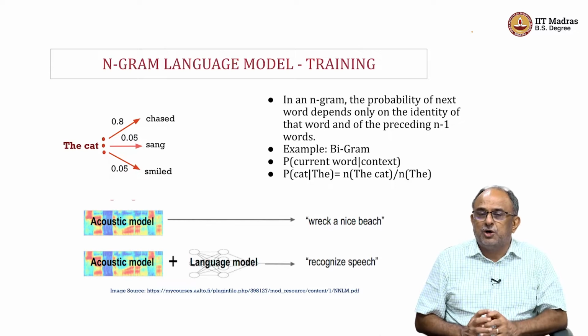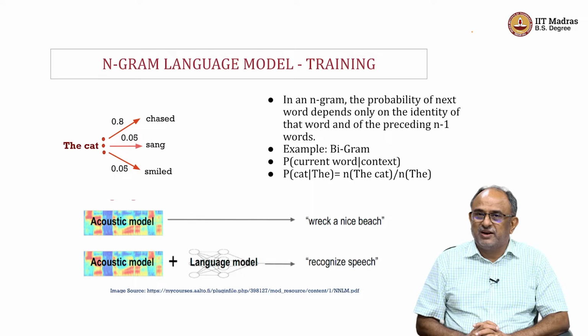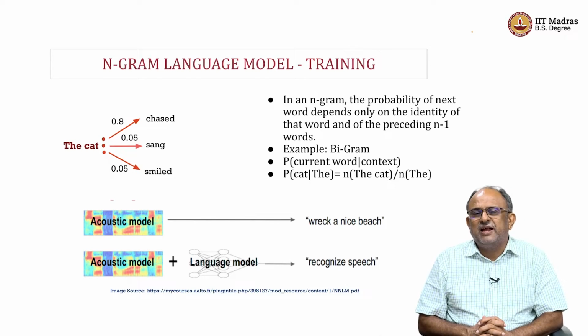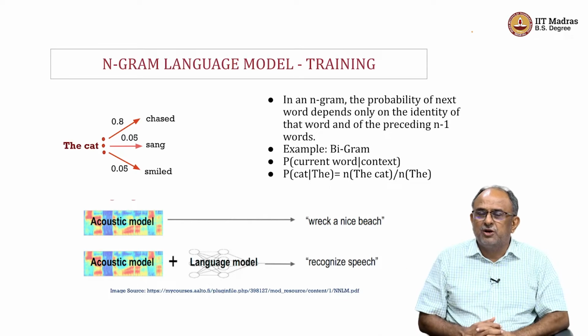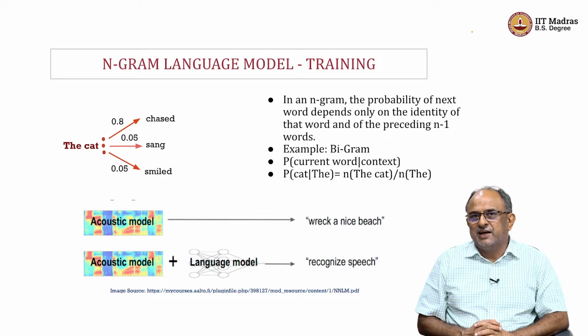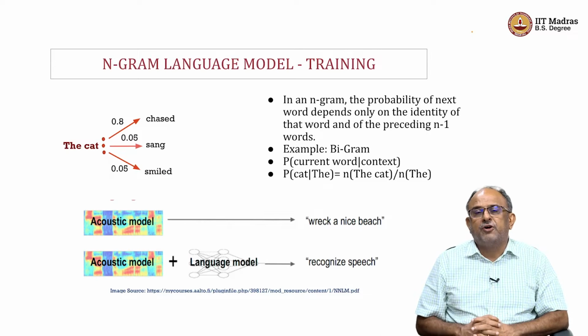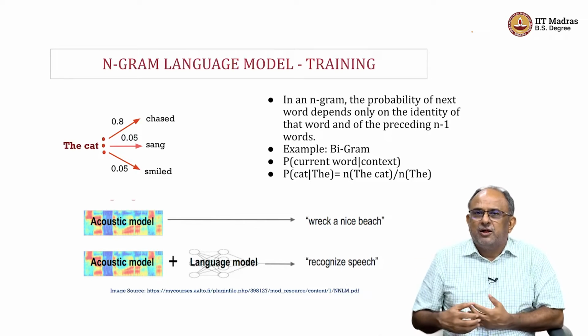It is the language model which says, well, this sentence, it is fun to recognize speech, is more commonly used. Very rarely would it have seen an event like it's fun to wreck a nice beach in the text used to build the language model. Therefore it will give more probability to it's fun to recognize speech and output that.